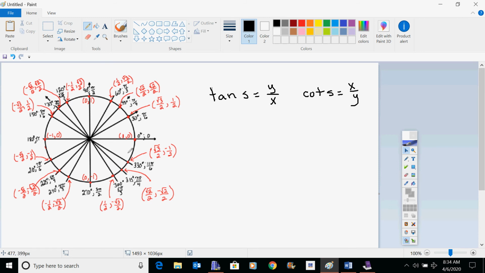If we go to negative pi over 3, you're going to get negative 1.7, because you'll be taking this number over this number, which would reduce down. Take it a little bit further in the negative direction, going backwards on the circle, and we get another undefined. And those undefineds are going to be super, super important when we're trying to figure out what our graph looks like.